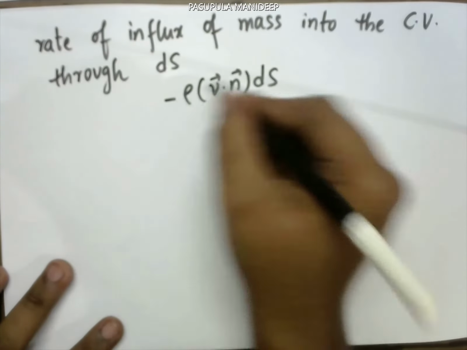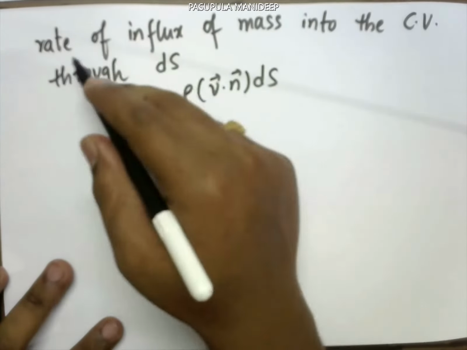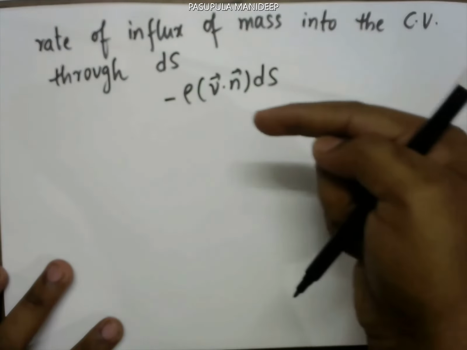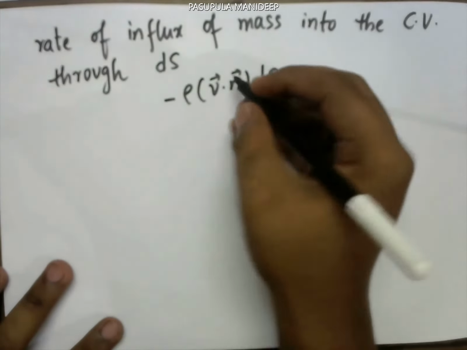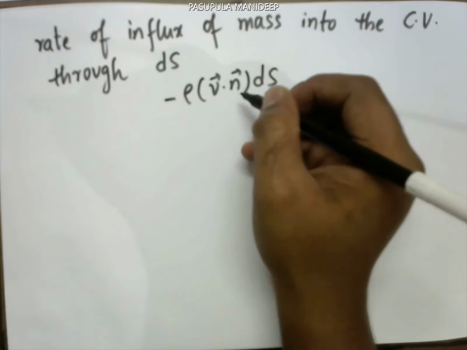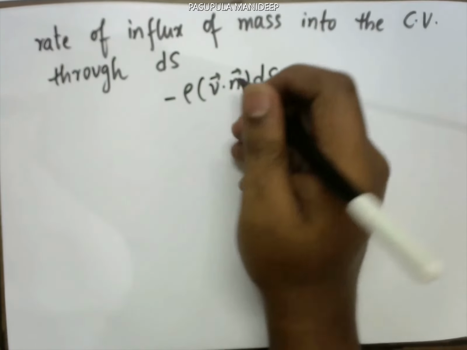Why is this negative sign? Because we are considering the net influx of mass into the control volume, and the vector n is pointing outwards.